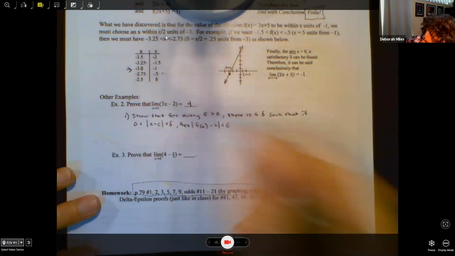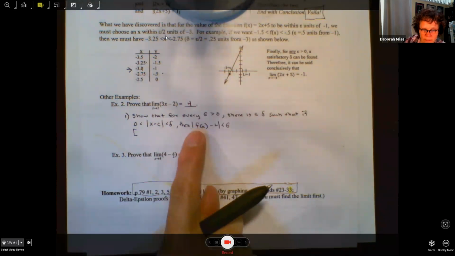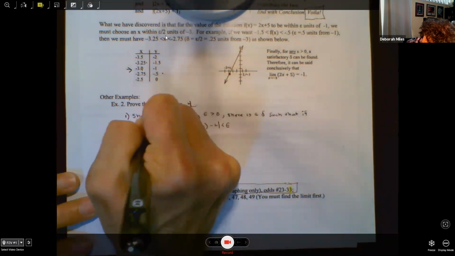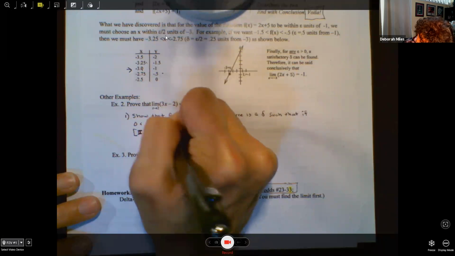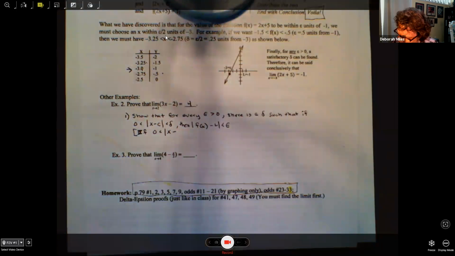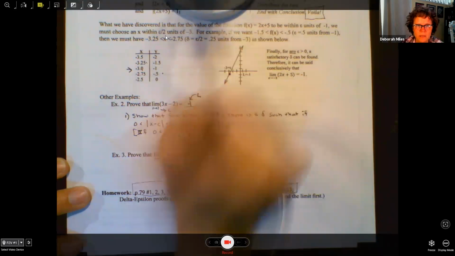So I'm going to say, I'll just use brackets for that. I'll just say this with all the numbers plugged in the right place would be if 0 is less than the absolute value of x minus what goes in place of c. 2. Yeah, that's the number x is approaching. This is what I'm saying the limit is.